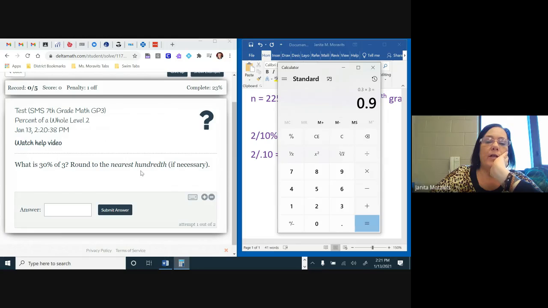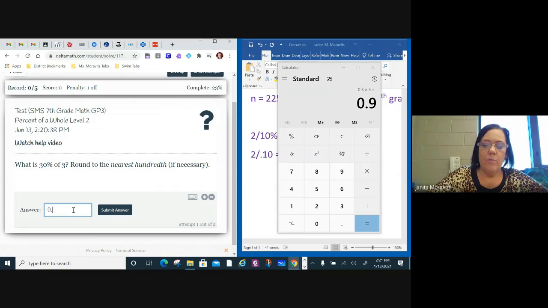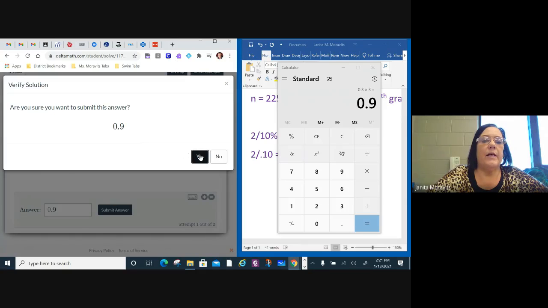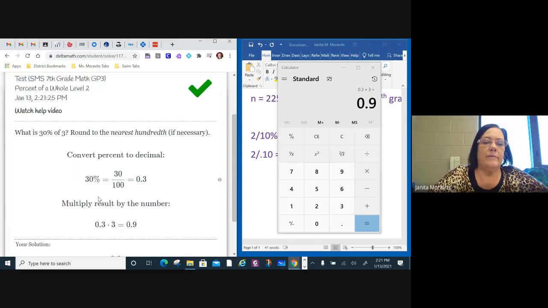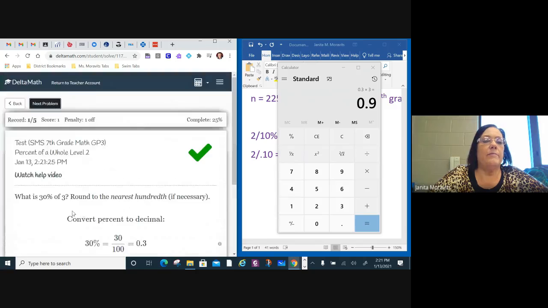And it says to round to the nearest hundredth if necessary, but we don't even really have to round it to the hundredth because it's already in tenths. So I would put 0.9. If they don't like that, we'll go back and put the 0.90. Yeah, 0.9. Make sure that if it is a full decimal and there are no whole numbers, that you put the 0 there.